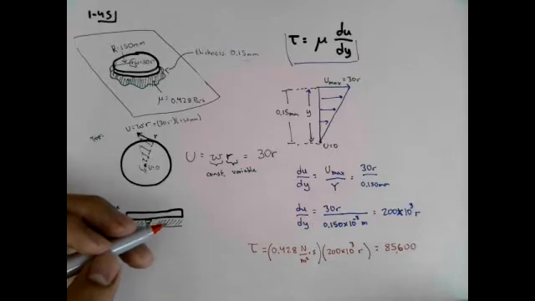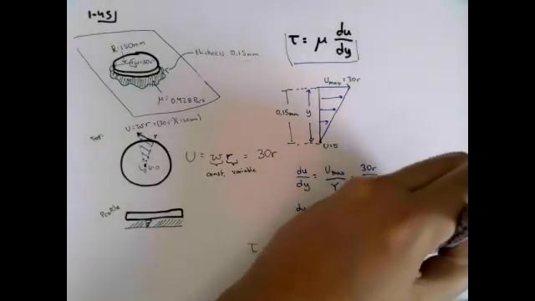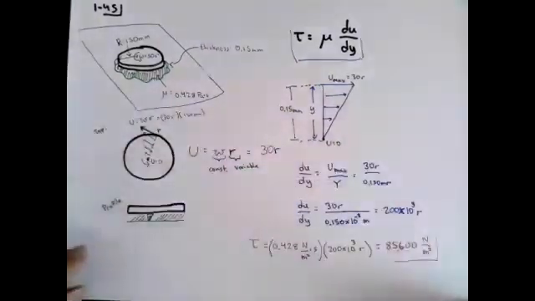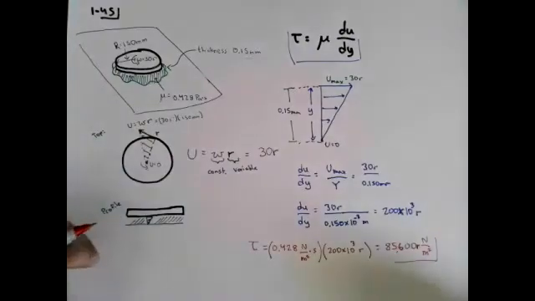Is that more or less correct? That's correct. Okay. So we have 85,600 R newtons per meter squared.